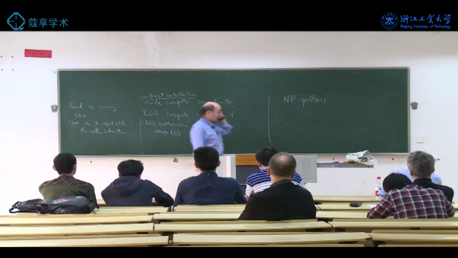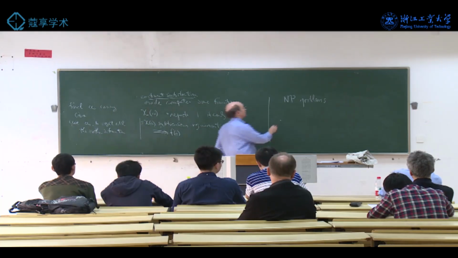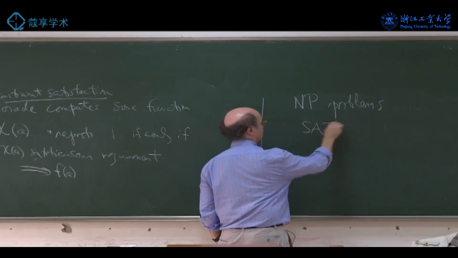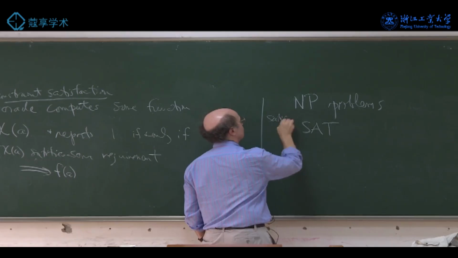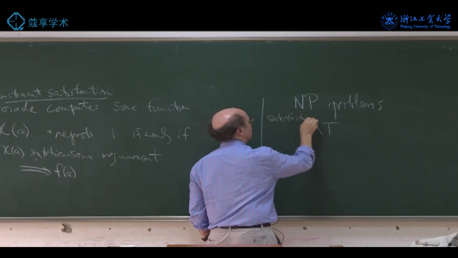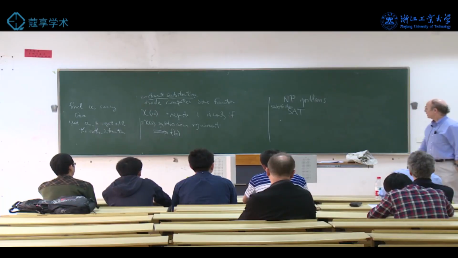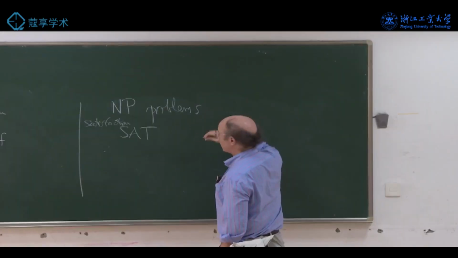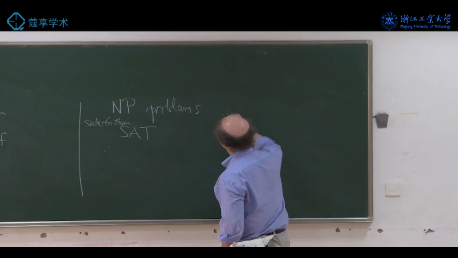And the problem I'm going to discuss concretely is the so-called satisfaction, or SAT, problem. Now, the remarkable thing about this class of problems is that there are a wide variety of them, including all the ones I mentioned, that are called NP-complete.